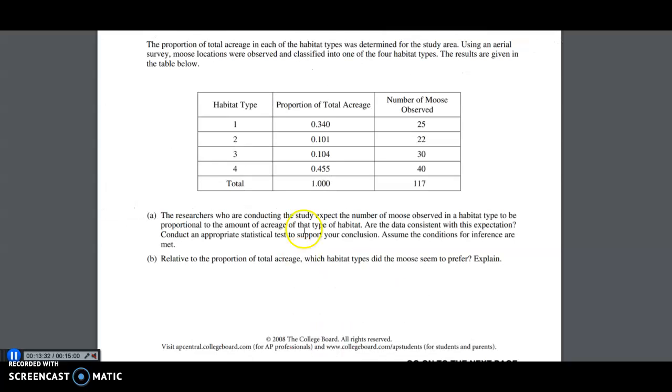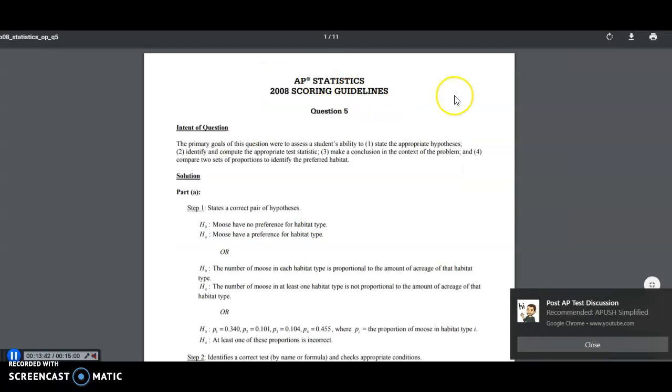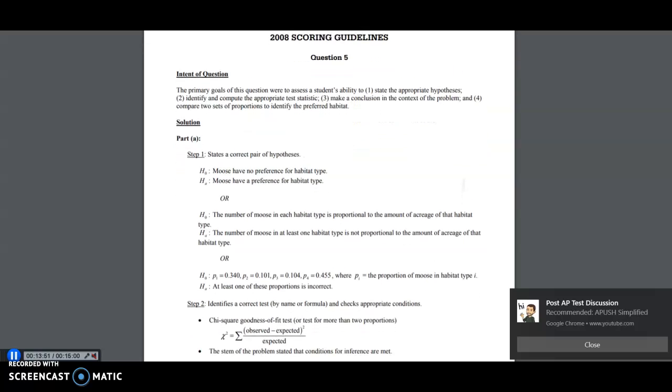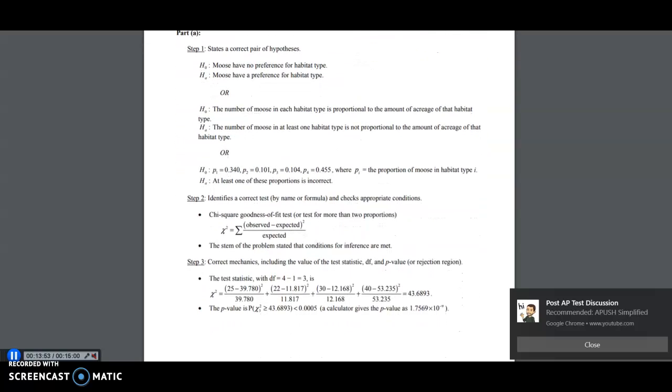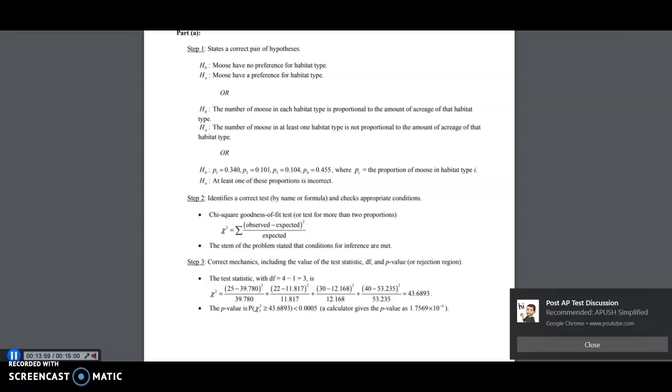The follow-up for this question, relative which ones did they seem to prefer, this, again, was the idea that we had more observed than we were expecting in areas 2 and 3. So if you take a look at the scoring guidelines, you'll be able to see some of the differences. I went for the second writing of it. The no preference, I feel like, is an unusual one. And this third option down here where you can pick each of the proportions is just an awful lot of work.